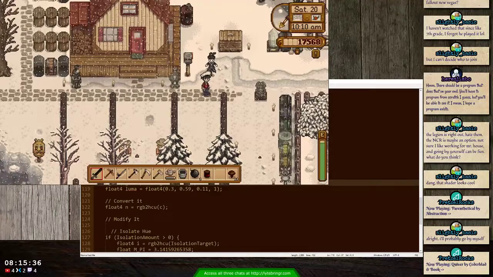Actually, I'm going to kick down the threshold and kick up the gamma, such that we still get the colors, they're just significantly washed out. And then turn off the vibrance gamma.